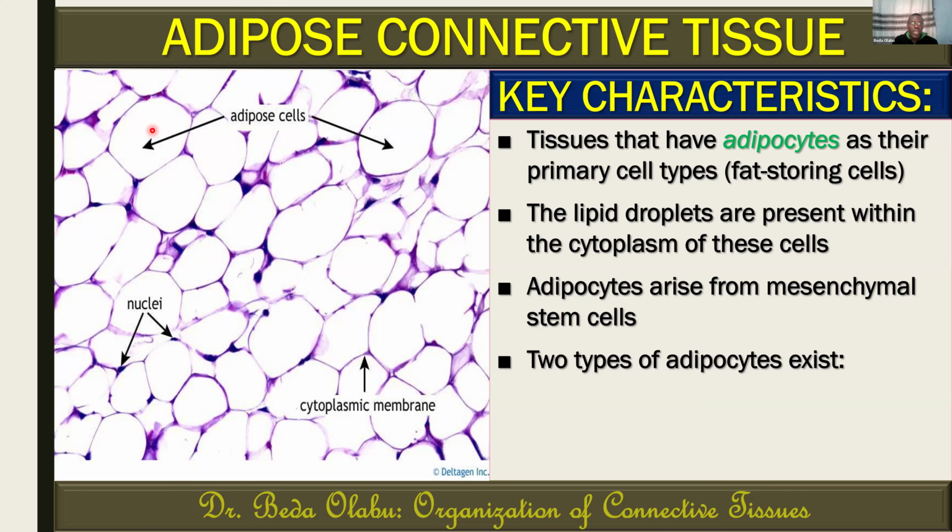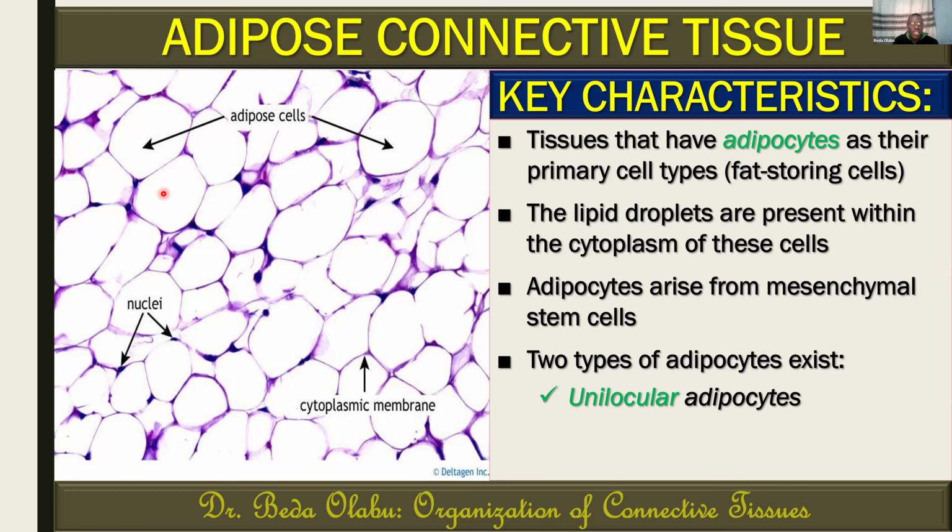With regard to adipose tissues, there are two types of adipose tissue, and this is because there are two types of adipocytes. We have what we call unilocular adipocytes, and therefore unilocular adipocytes will form unilocular adipose tissue. The image in front of you shows you an example of such adipocytes.